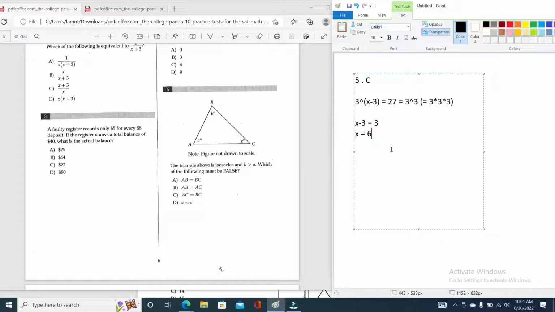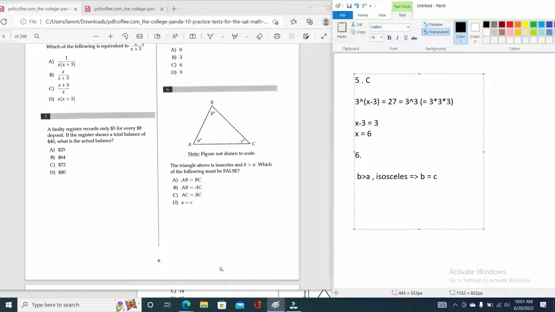Okay, so B is bigger than A, and the triangle is isosceles. B is bigger than A and isosceles, which means two angles are equal. So this might be equal to C, right?